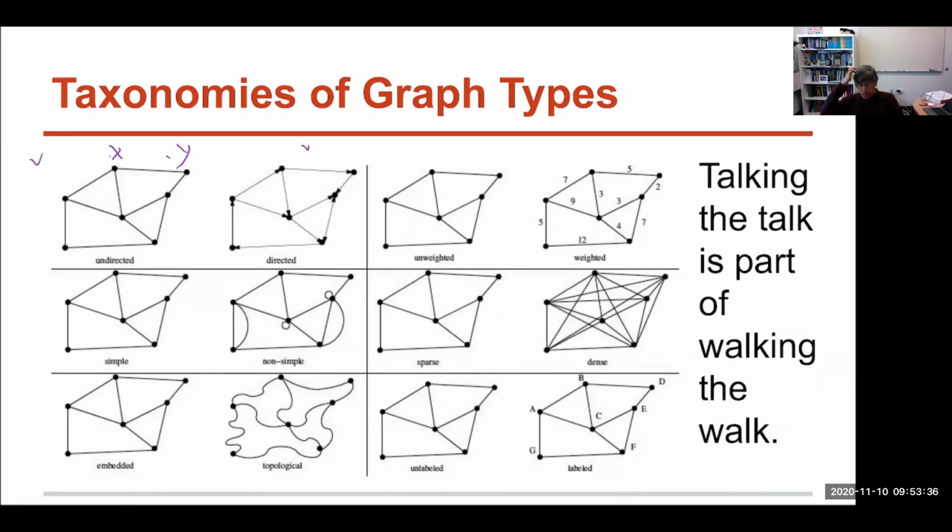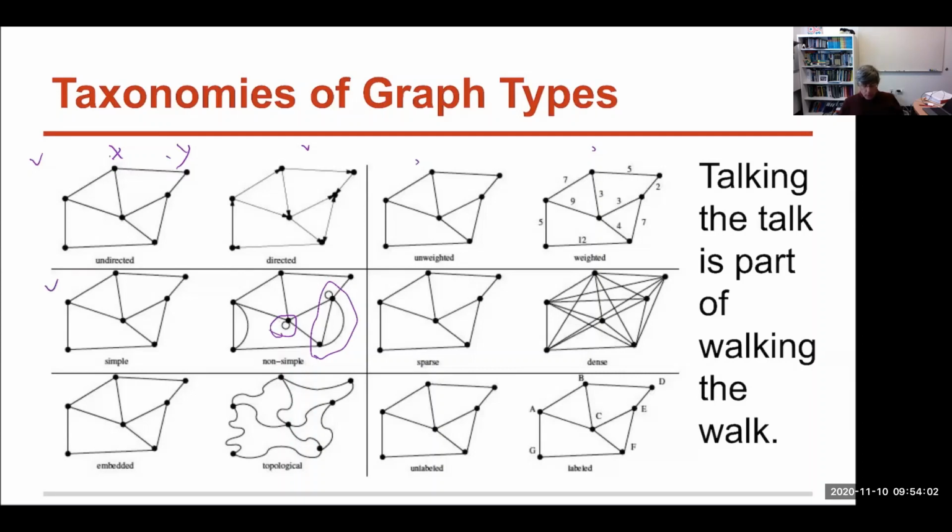Some graph data is weighted, where you have a number associated with each edge. Some of it is unweighted. Some graphs have funny edges, like multiple edges between pairs of vertices. Sometimes there are self-loops. Things that avoid that are simple graphs.